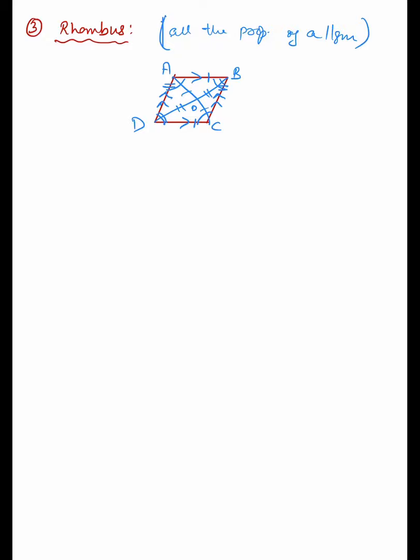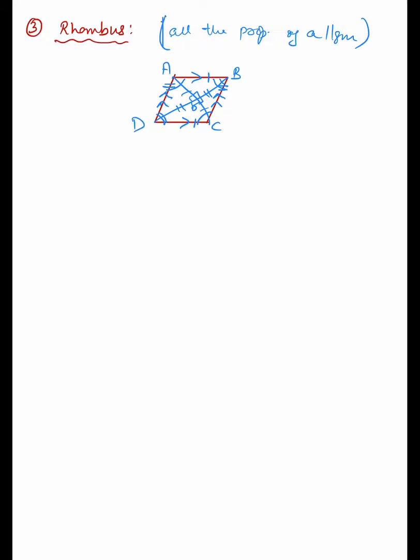So the diagonals bisect each other in a rhombus, but the diagonals are not equal. But there is another property of a diagonal which is not there in a rectangle. Here the diagonals are not equal, but the diagonals are perpendicular to each other. The angle formed between the diagonals is 90 degrees. Later on we will recall all the properties of all the figures.